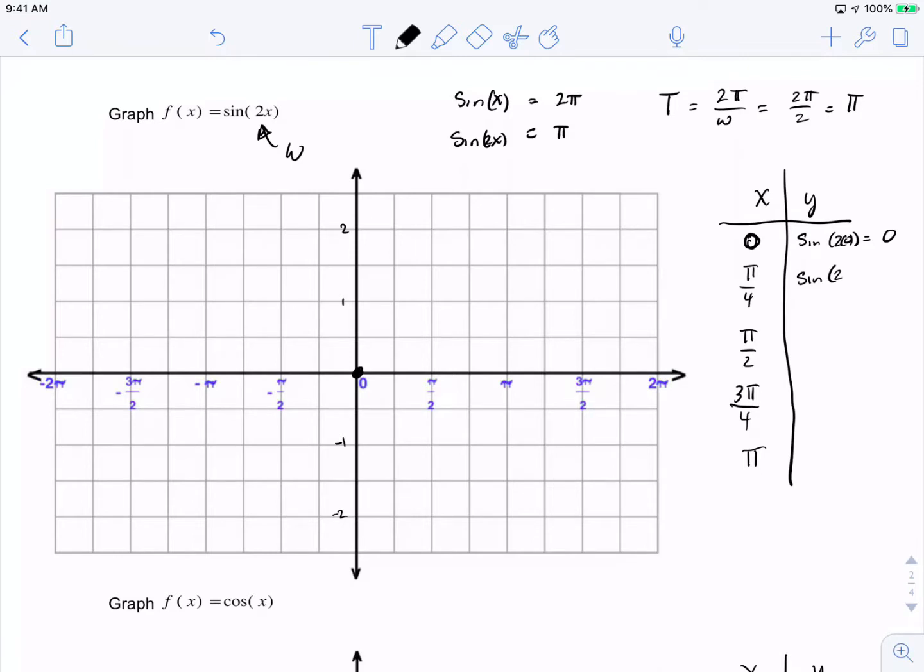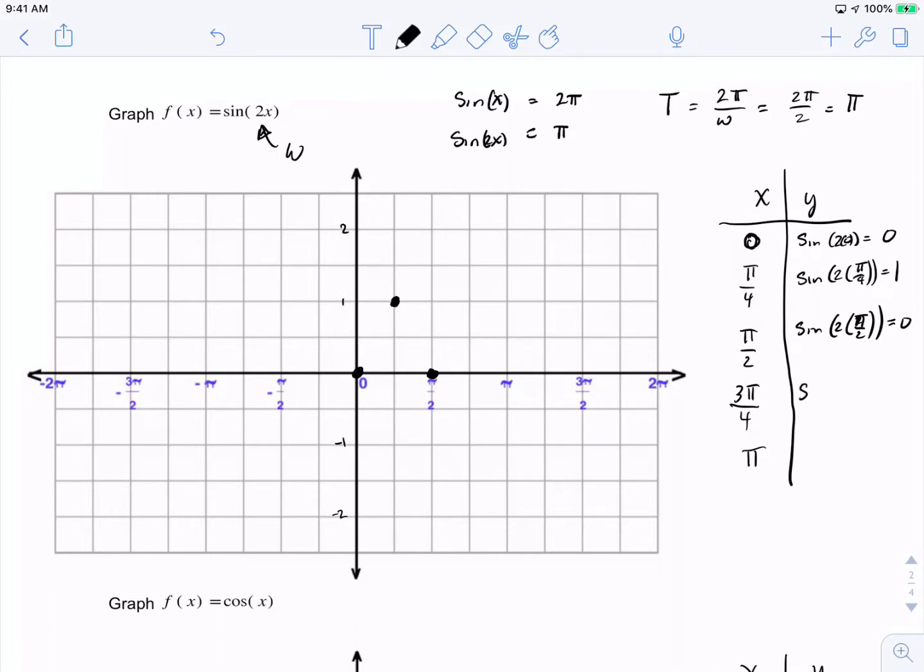It's going to be sine of 2 times pi over 4, but pi over 4 times 2 really is pi over 2, and sine of pi over 2 is 1. At pi over 2, sine of 2 times pi over 2 is really sine of pi, and sine of pi is 0. So we're going to get 0.